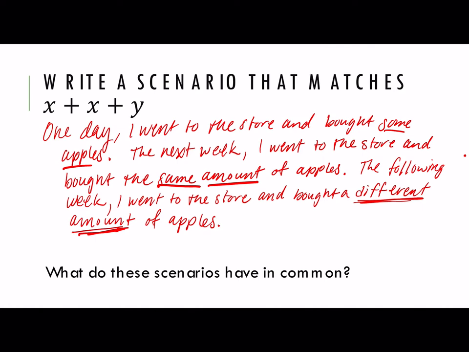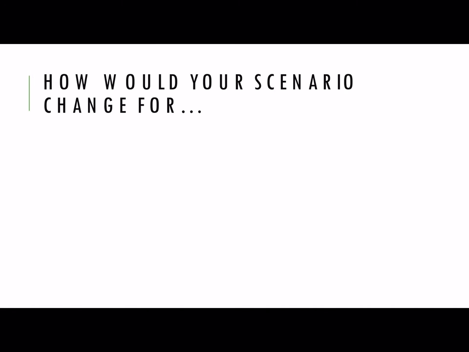My guess is that you have some for x and some for y, the same amount for the other x. Okay, some for the first x, some for the second x, and some different amount for y. Okay.